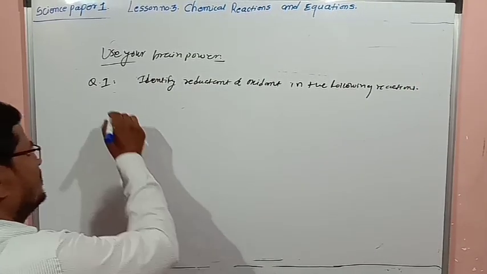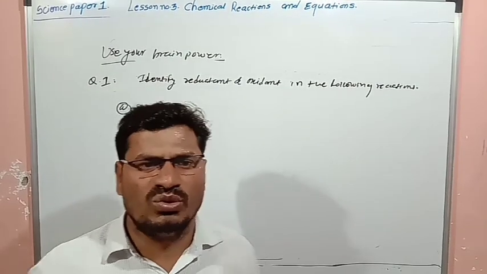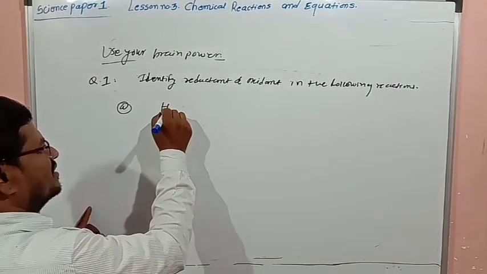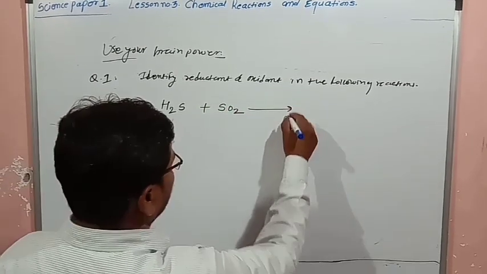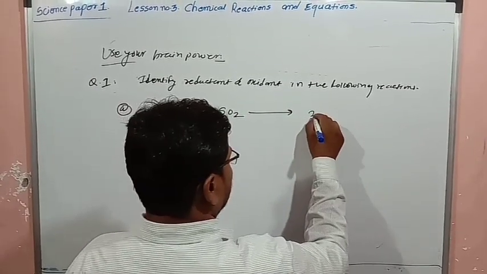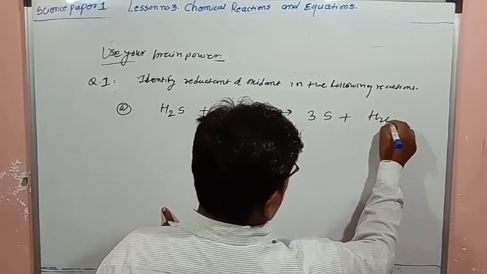The first reaction is there: 2H2S plus SO2 gives 3S plus 2H2O.